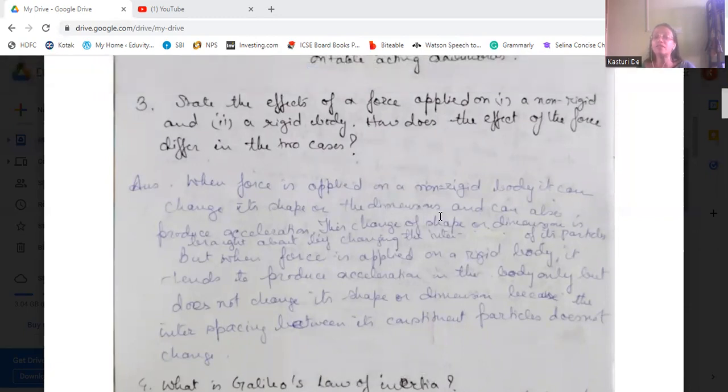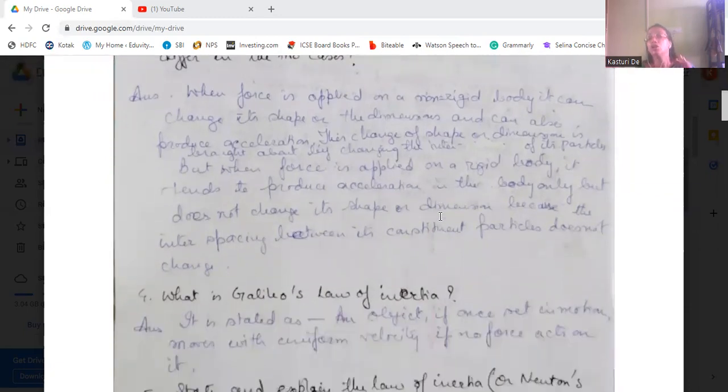Now, when a force is applied on a non-rigid body, that is, it's a flexible body, as it is flexible, it can change its shape or dimension, and it can also produce acceleration. That is, it can move the body. It is flexible, no? So you can change the shape, the dimension.